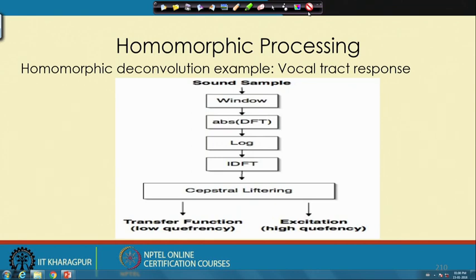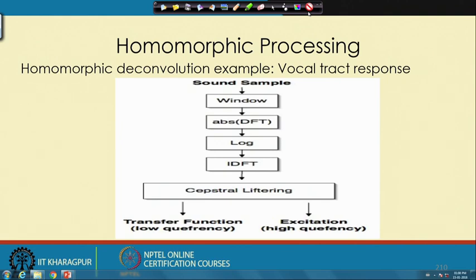So, we go for a still looser definition, that is, we say that the signal is quasi stationary. Quasi stationary means that it is loosely stationary and the change is limited.